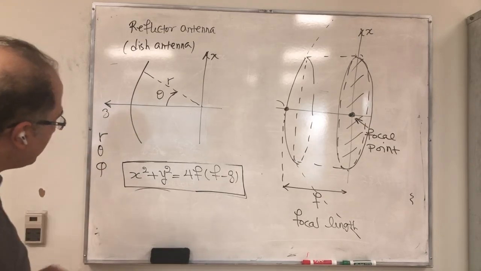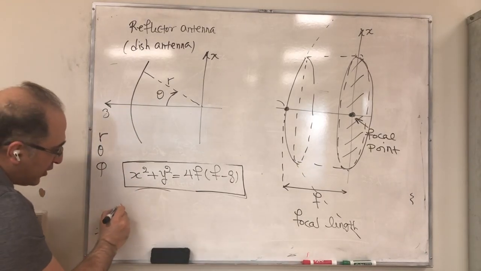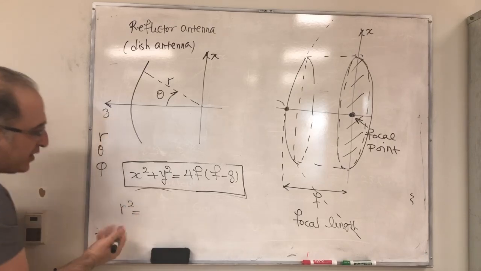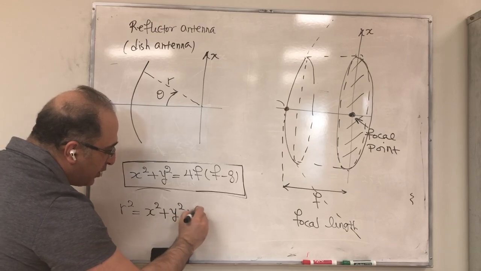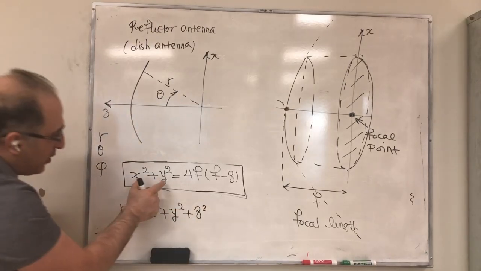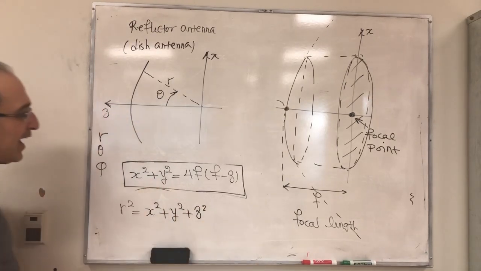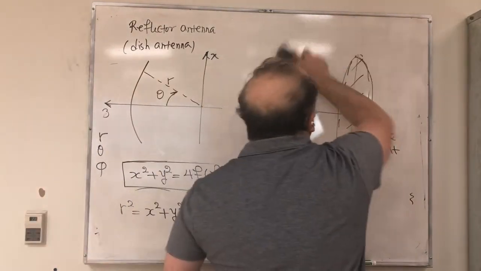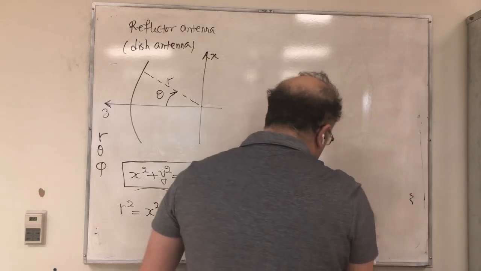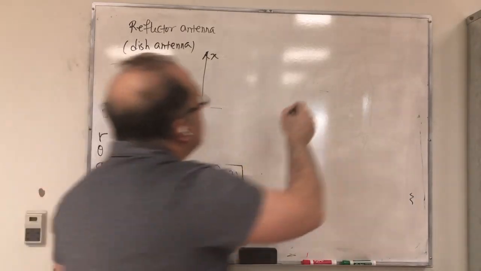Now to convert that to r, we already know that r squared in spherical coordinates is x squared plus y squared plus z squared. And I already have these two here, so I'm just going to add z squared to this equation. So let's add z squared to this equation.